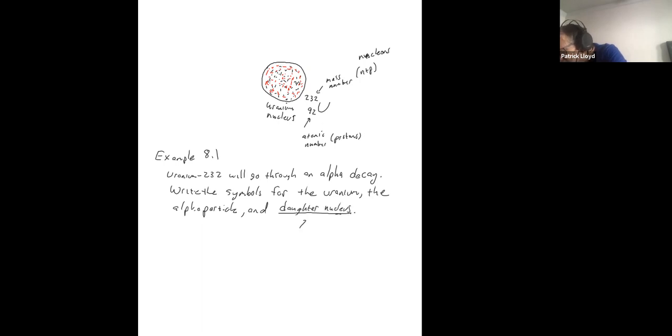The daughter nucleus is the product of the decay. Okay, so let me show you how you go about this. The first thing we know is this. This is given in the problem. We're told that. So I'm going to write that symbol first.